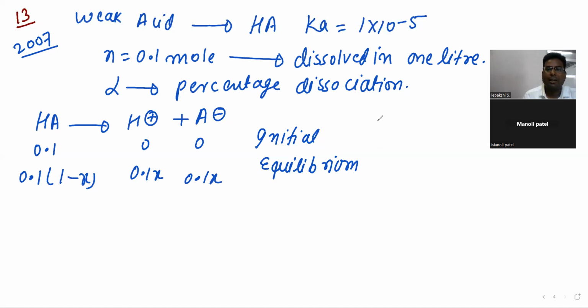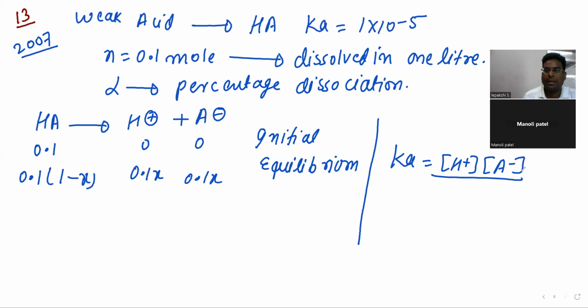So write the equilibrium constant for this reaction. K is equal to concentration of H plus into concentration of A minus, right? In the numerator, the product part comes. So this part we have written, right? It is divided by the concentration of HA.